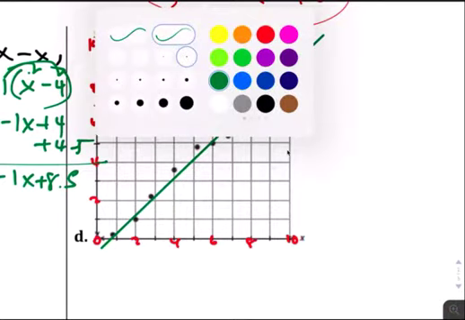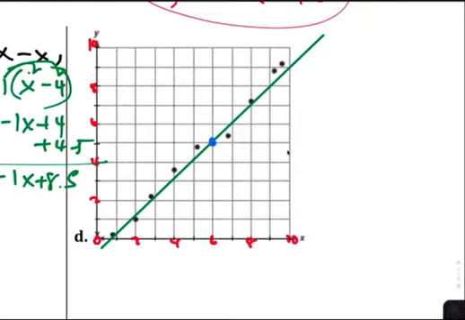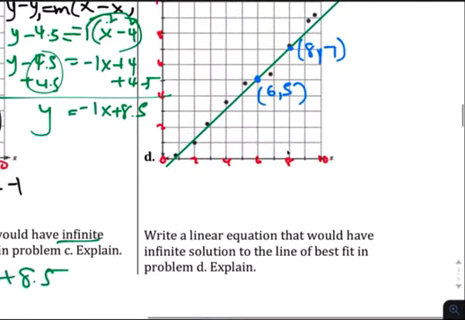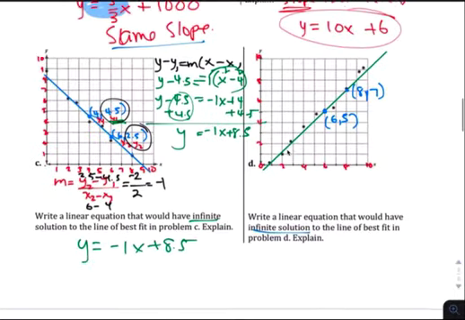Okay, I'm going to choose that one, 6 and 5. 8 and 7. And then you do the rest the same, and this would be infinite solution, same as that one, okay?